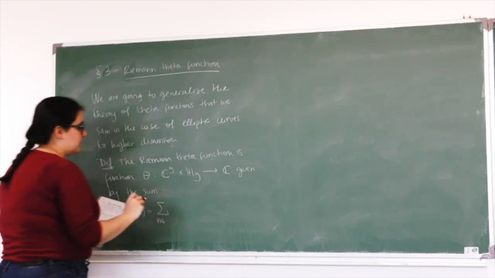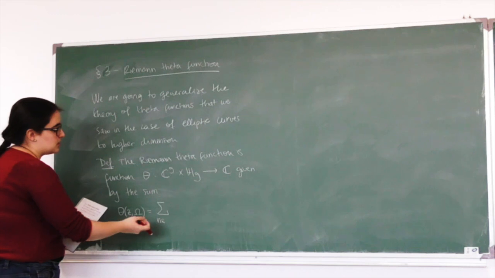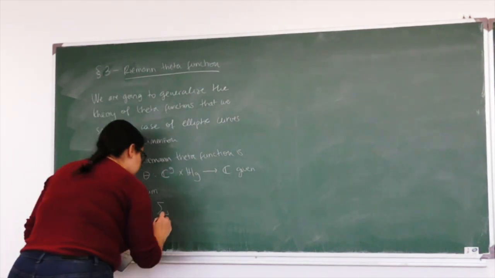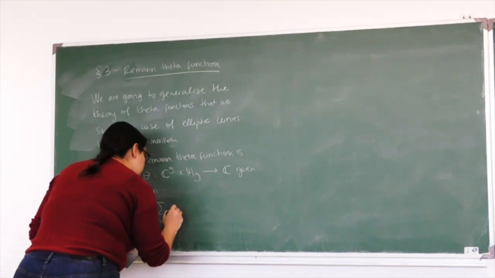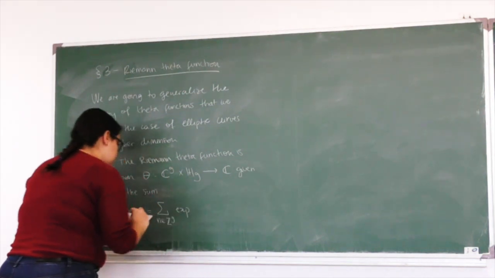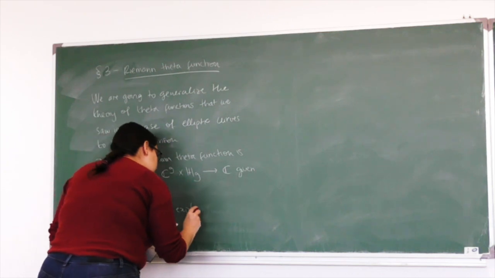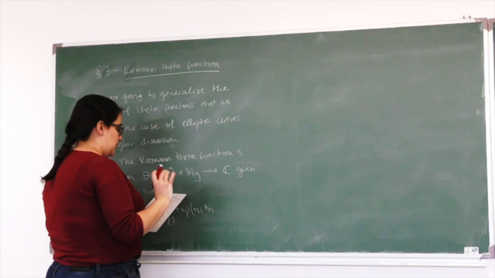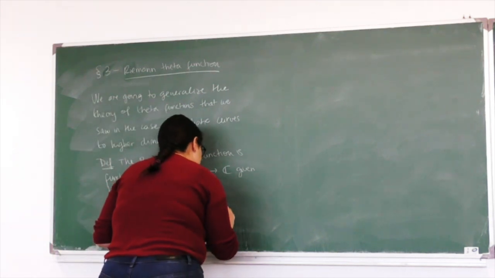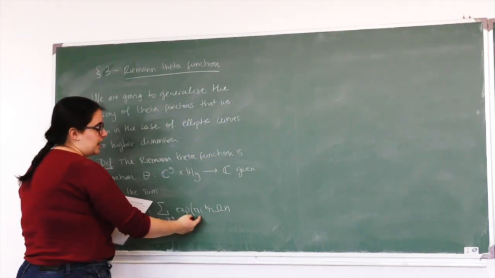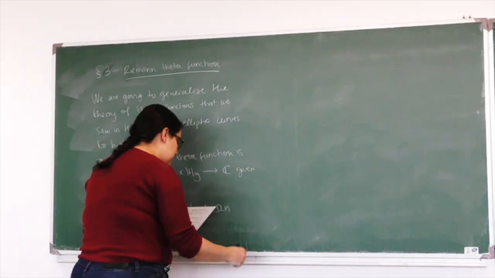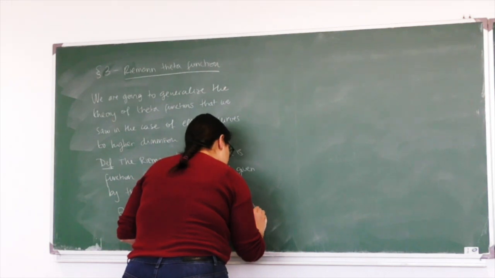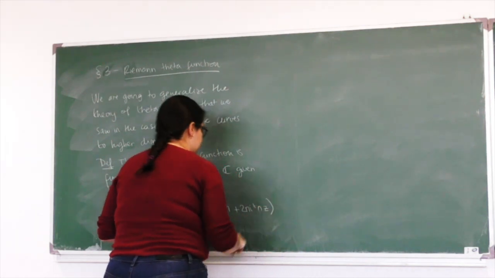And now, in the dimension 1 case, we just took n in the integers. Now we will take n in Z^g. And this is the exponential of pi i, now we have to take transposes because we are working with vectors and matrices, so pi i, the transpose of n omega n, plus 2 pi i transpose of n times z.